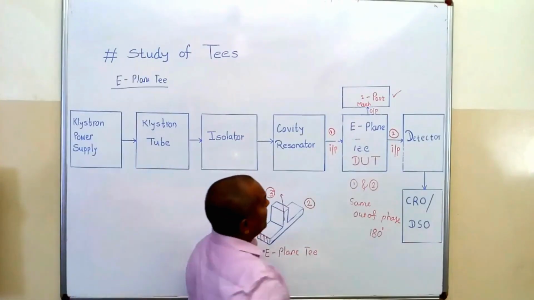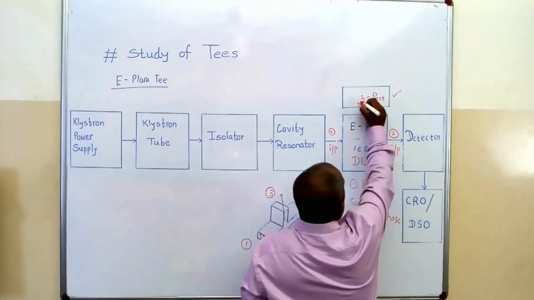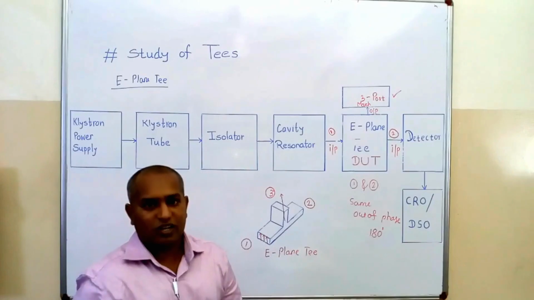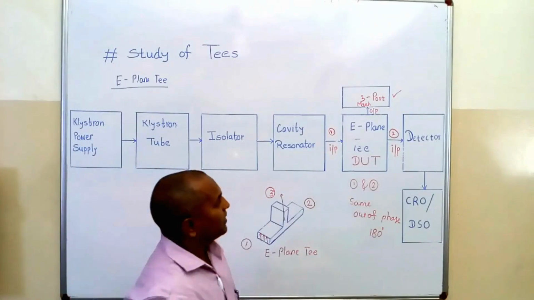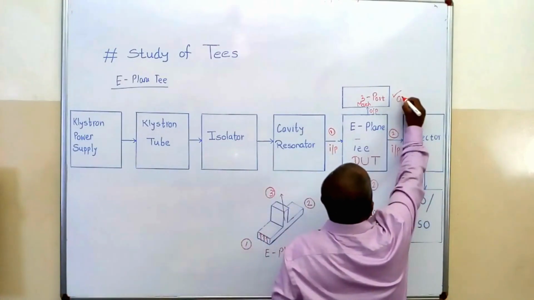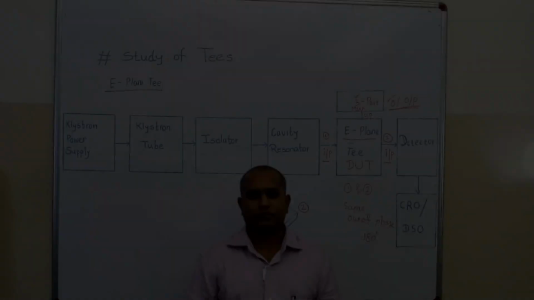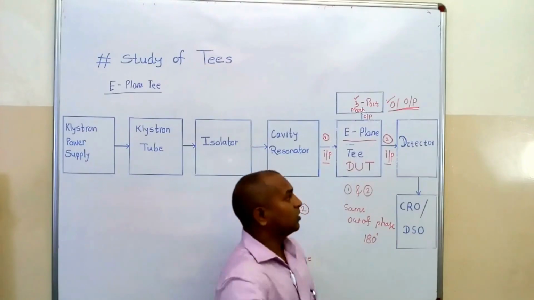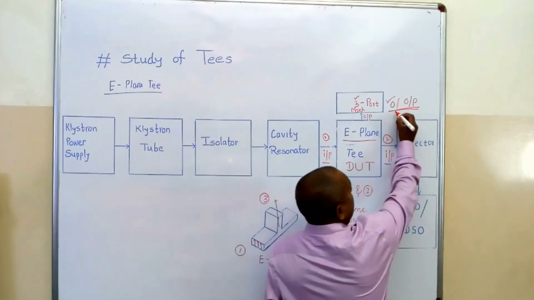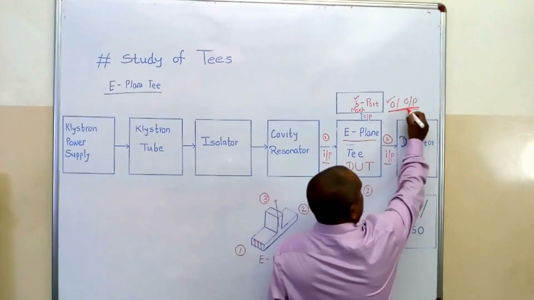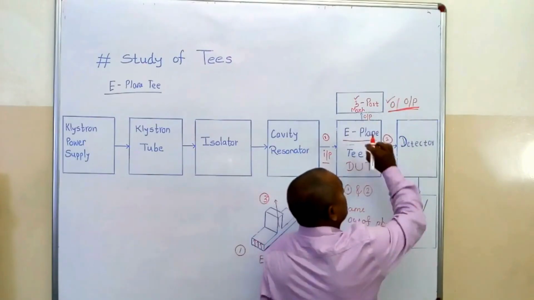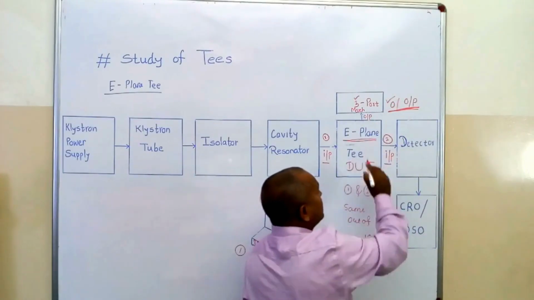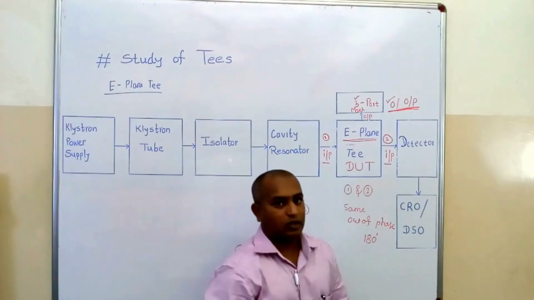And if we collect the output across port number 3, what will we get? We will get a 0 output. So the output of the third port is equal to 0. That's why this E-plane T also acts as a subtractor.